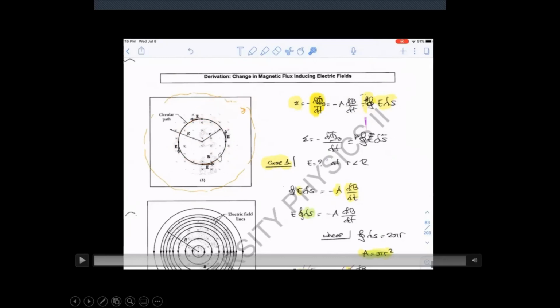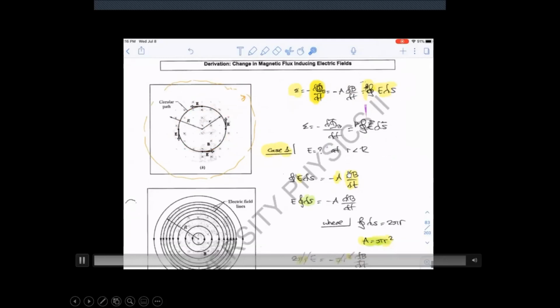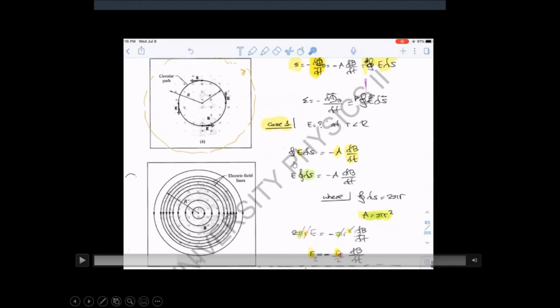This is the direction that the electric field circulated. The first thing we do is look at the strength of the circulating electric field within the region of the change in flux. The radius is the radius of the region of change in flux that you're looking at.